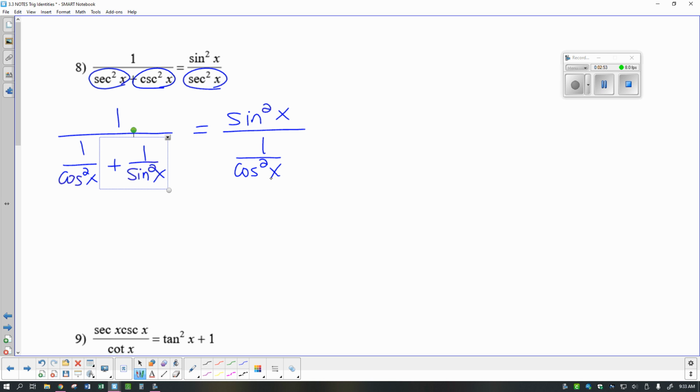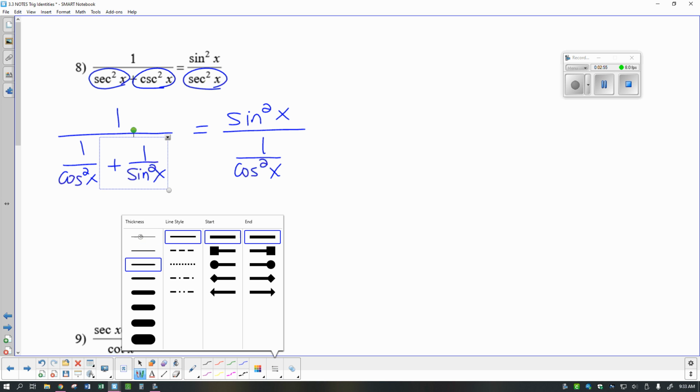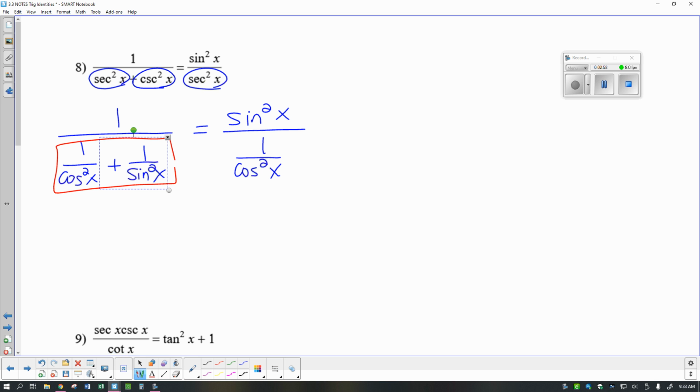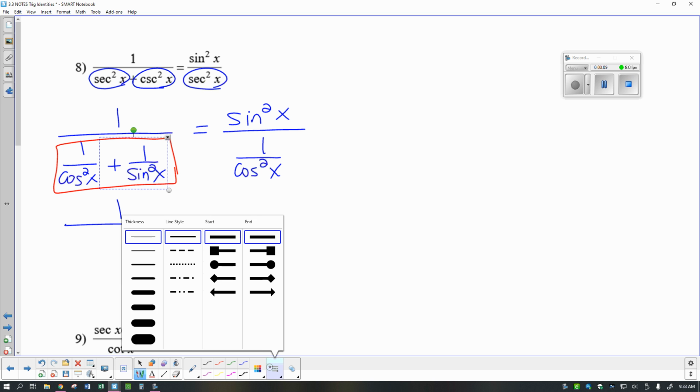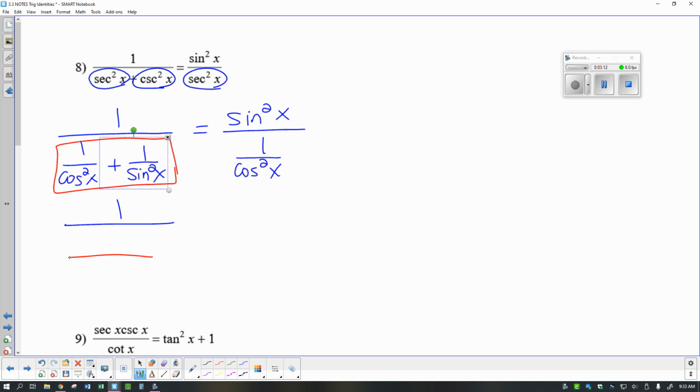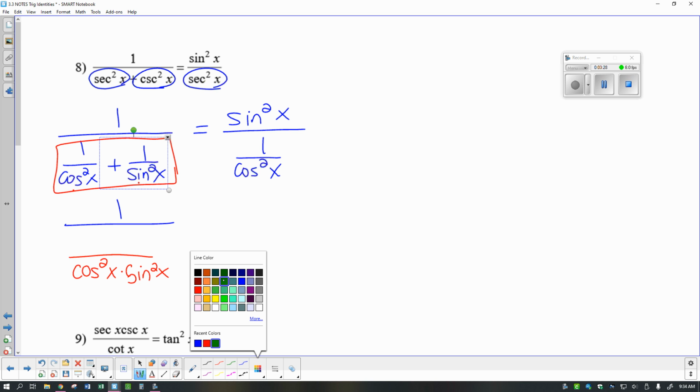All right, next thing I want to do is I want to try to put these two fractions together on the left-hand side. So in order for me to do that, I need to have a common denominator. So I still have my numerator of 1. In terms of my common denominator, I need to have the common denominator of the two of them together. Well, the two of them together would be the product of those two. So cosine squared x times sine squared x. In order to get this fraction here, the first fraction, to have that, I had to multiply by sine squared x.